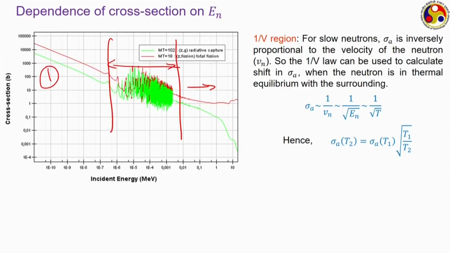If we want to know the absorption cross section for the thermal neutrons at this temperature, we can always calculate it using sigma A at T2 equals sigma at T1 into root over T1 by T2. This is a very straightforward relationship, and since all thermal reactors operate in this slow neutron zone, we can easily use these relations for calculation of the absorption cross section.